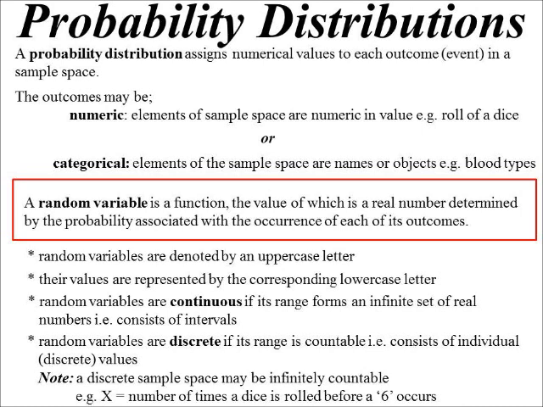So it is theoretically possible to have an infinite number of values there. But we still call that countable because the numbers are going to be counting numbers, once or twice or 3 times or so on. So that's a really strange one where you've got an infinite number of values, but we still call it a discrete distribution. Okay, let's have a look at an example then.